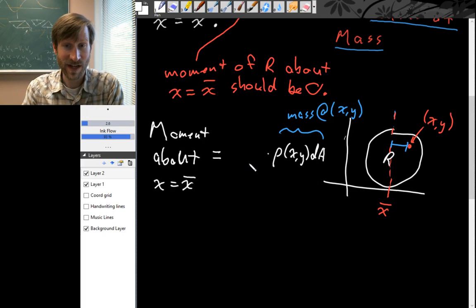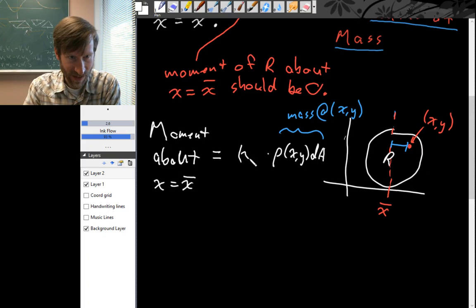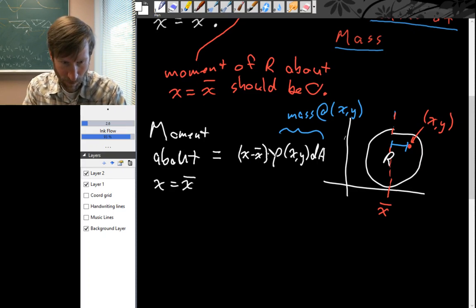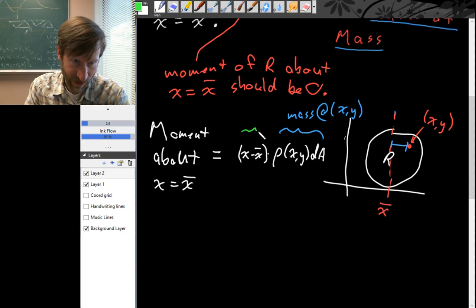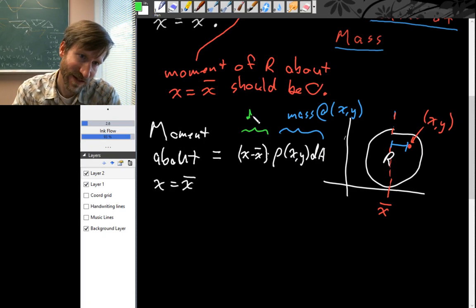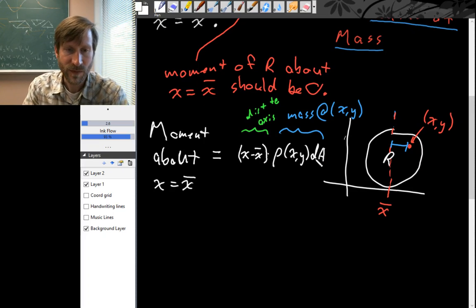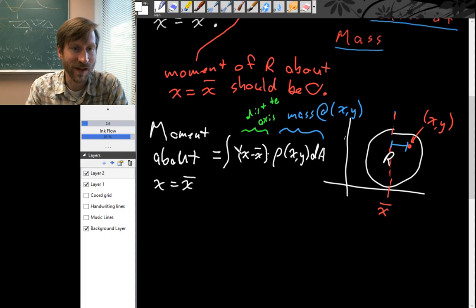And the distance of x comma y to the line x equals x bar is x minus x bar. So this x minus x bar is the distance to the axis. So this product gives us the moment just at this single point. Then to get the total moment about the line x equals x bar, you just integrate.